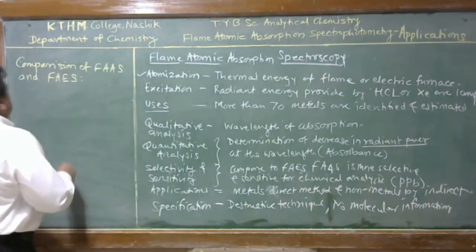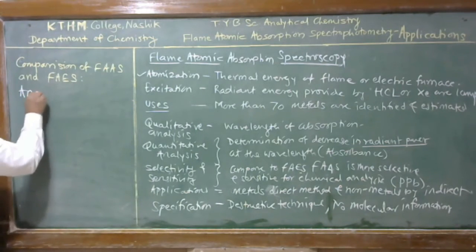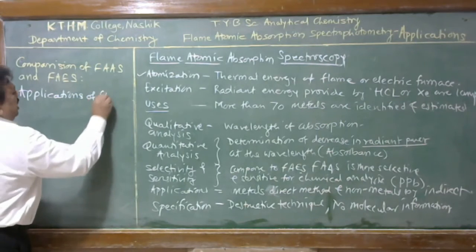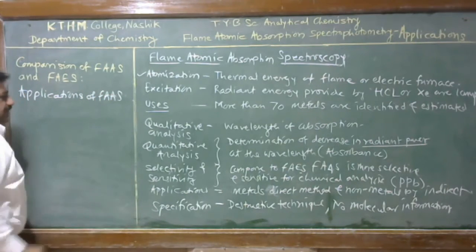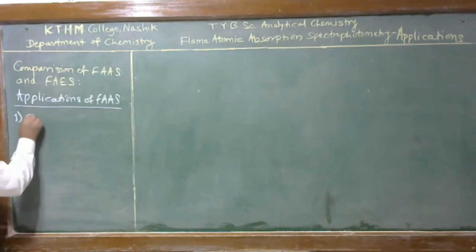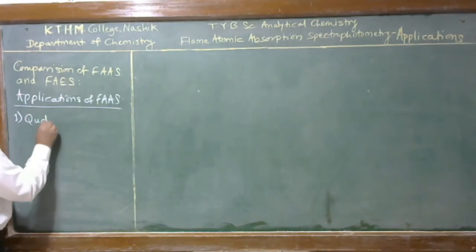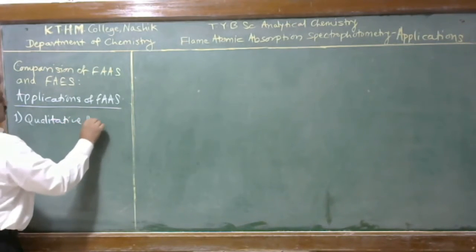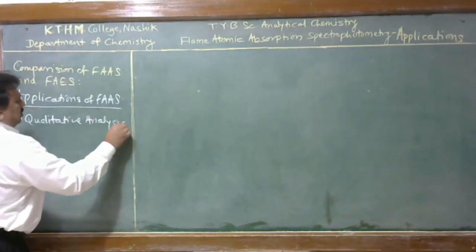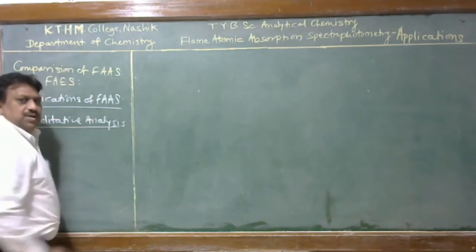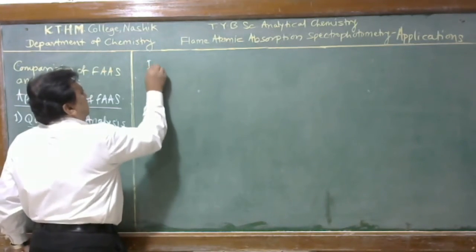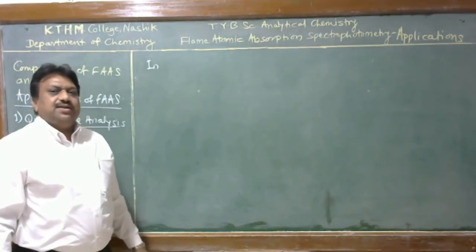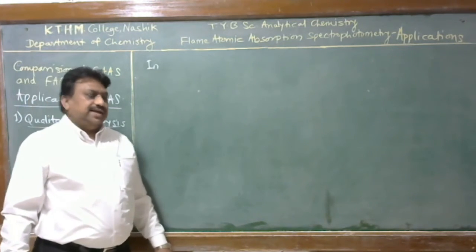Student, now we discuss the applications of flame atomic absorption spectroscopy. First is qualitative analysis. Qualitative analysis is related to the measurement of the absorption line that is absorbed by the analyte element.